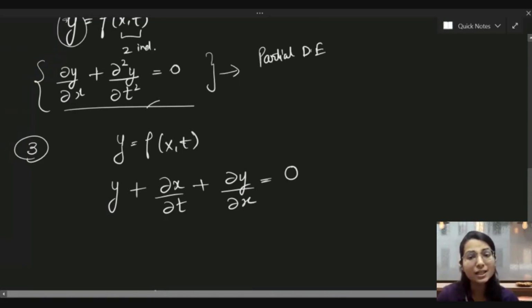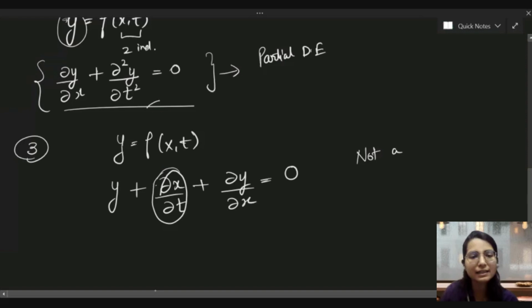Now, this is not a differential equation. The reason being, I hope you might be able to figure it out, because I have taken the derivative of the independent variable with respect to another independent variable, and that's the cause of this problem. So this is not a differential equation because you can't differentiate the dependent variable with respect to another dependent variable.